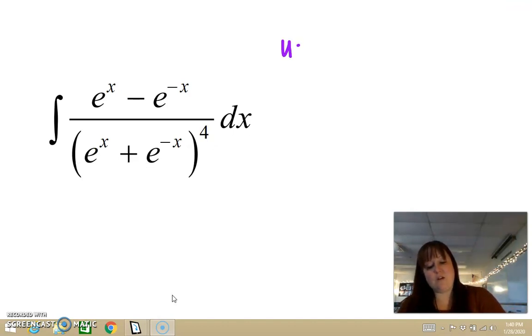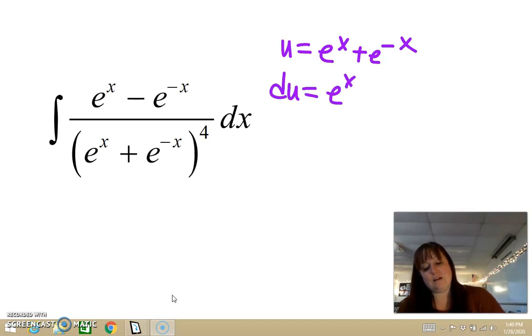So let's try that. U equals e to the x plus e to the negative x. We're going to make a u substitution for that. That means du equals e to the x minus e to the negative x, because remember we just multiply by the derivative of the inside function, dx.